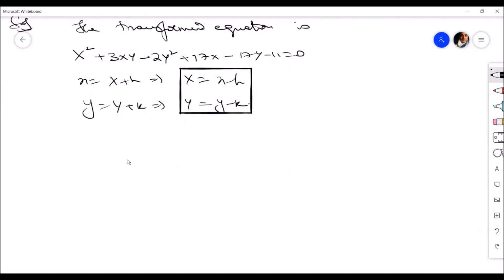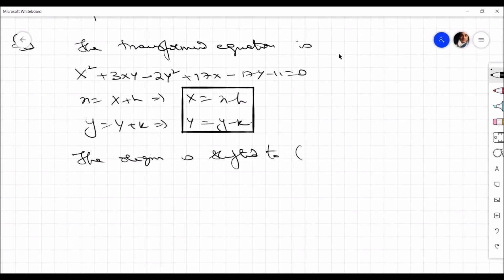In fact, let's check the point to which the origin is shifted. It's 2, 3. The origin is shifted to 2, 3, which we denote usually by h, k. So capital X will be x minus 2 and capital Y will be small y minus 3.